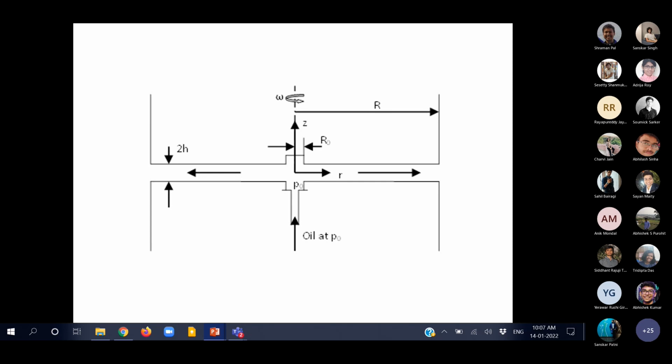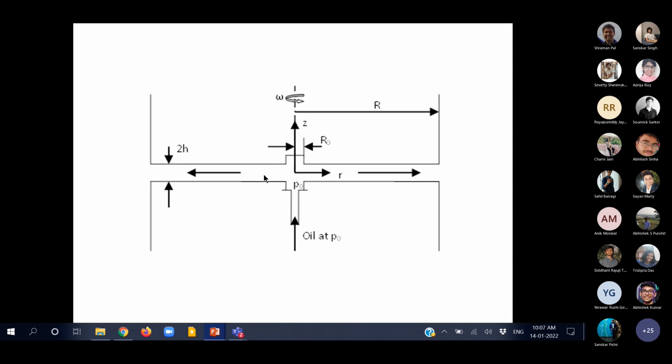Once the heat is generated, the temperature of the oil will definitely rise, and a point may come where the operating temperature of the lubricant is exceeded. If that happens, the lubricant will lose its property, and therefore the two surfaces cannot be kept separated with a reasonable separation.